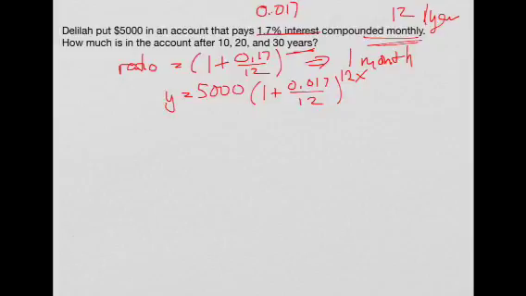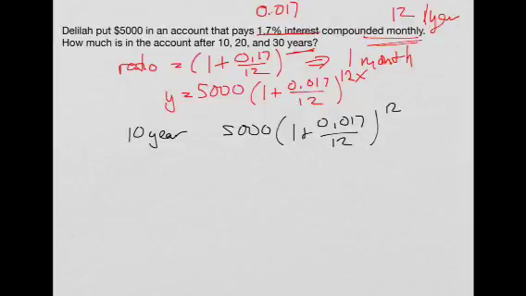To figure it out, to answer the question, after 10 years, we're going to take 5,000 times 1 plus 0.017 over 12 to the 12 times 10.